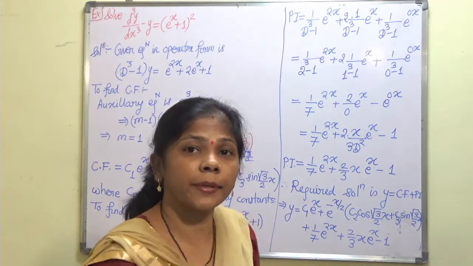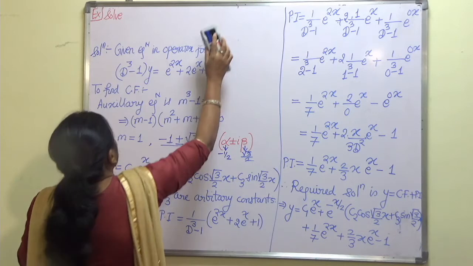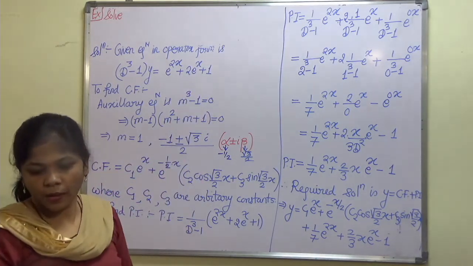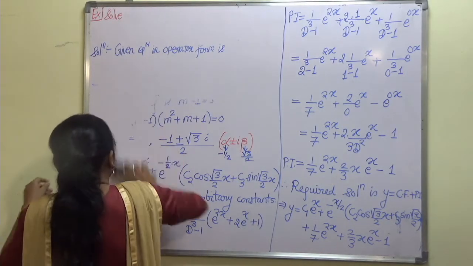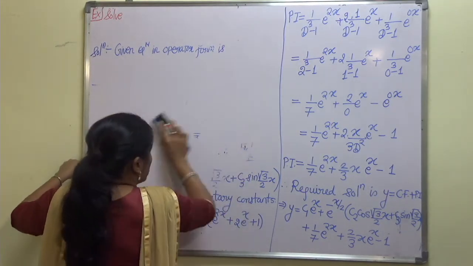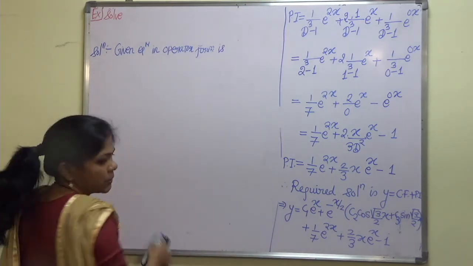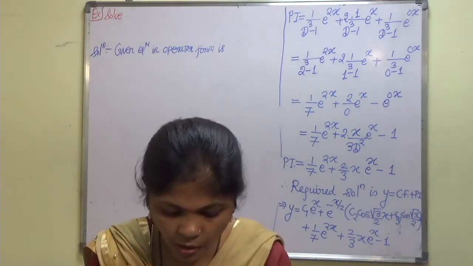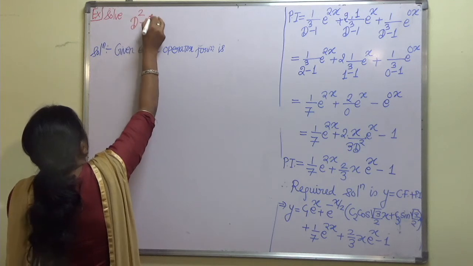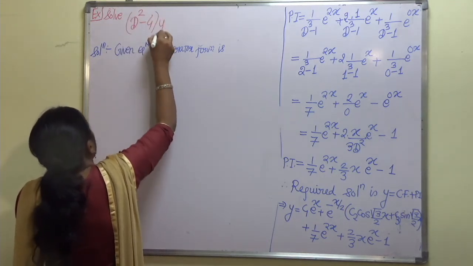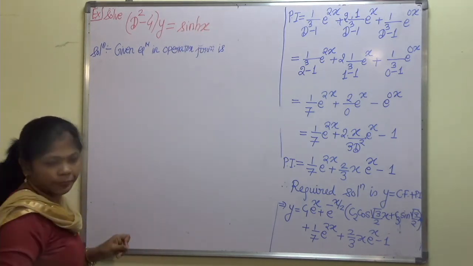That's the last example of this case. So it is solve (d to the power 4 minus d square minus 4) operating on y is equal to sinh x, right?